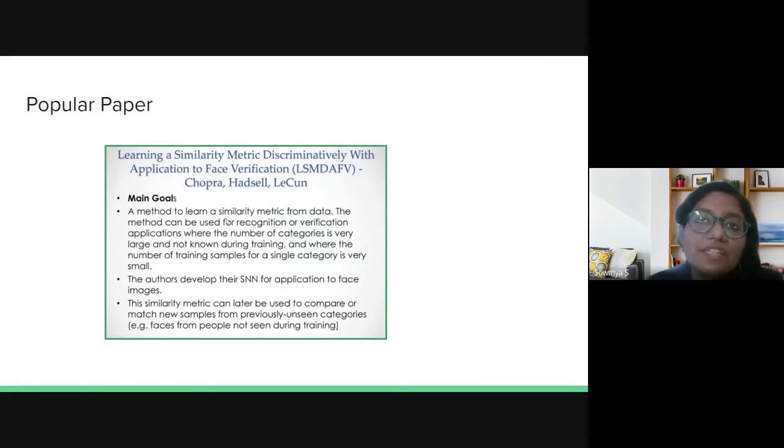Here the number of categories is very large because in essence we are going to say this person is verified to be this name. So the name itself could be a category.